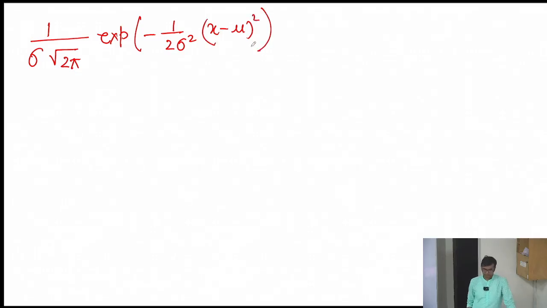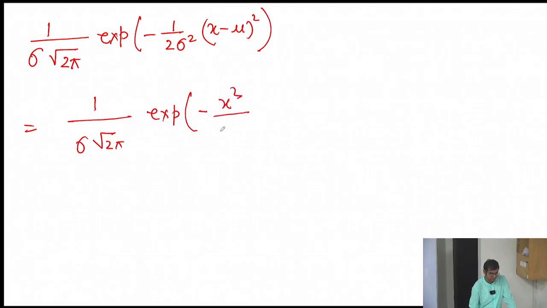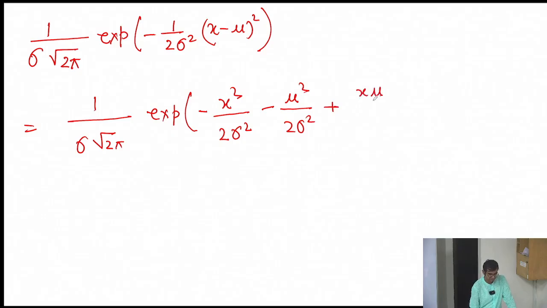If I open the bracket, inside the exponential we get minus x square by 2 sigma square minus mu square by 2 sigma square plus x mu by sigma square, right?